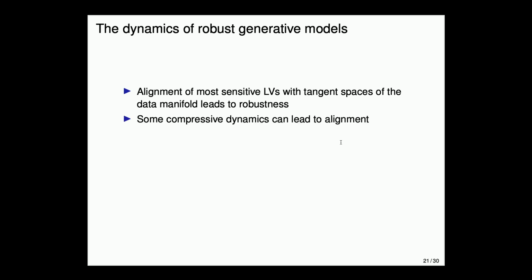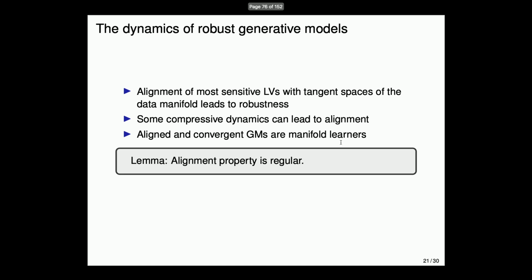Many different kinds of dynamical systems for the generative model can lead to this alignment property. And really, when you have this alignment property, the generative model acts as a manifold learner in a very precise sense, in that you can actually recover the support of the target distribution just by looking at the samples of the predicted distribution.